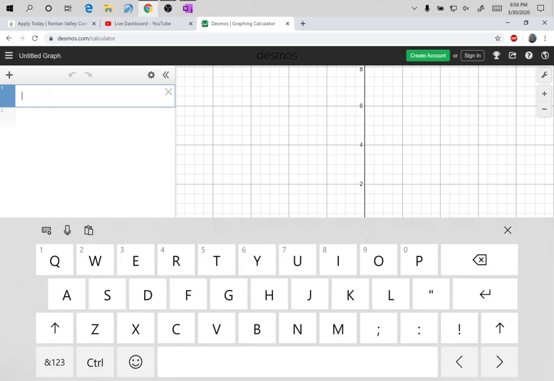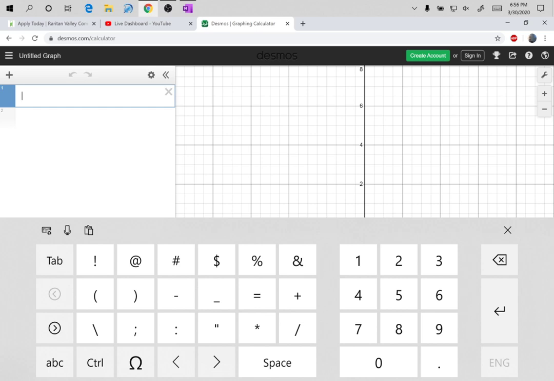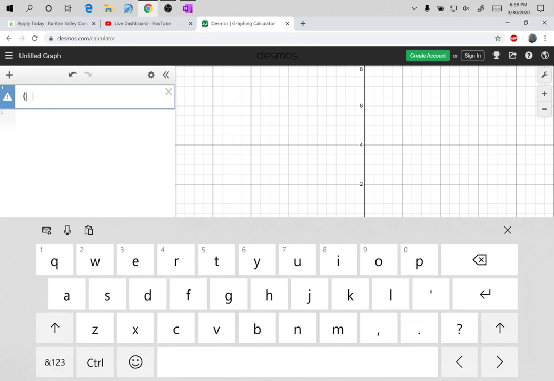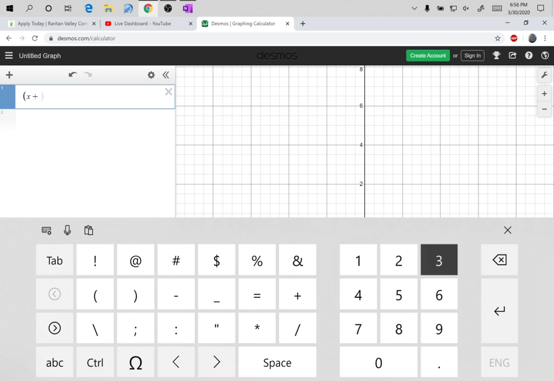Now you have to be very careful to type this exactly. You have to use parentheses for the numerator and parentheses for the denominator. Otherwise, it's not going to be correct. So open parenthesis, then we have x plus 3, if I remember. Close parenthesis, then you divide that by another parenthesis. I'm just going to keep everything in there.